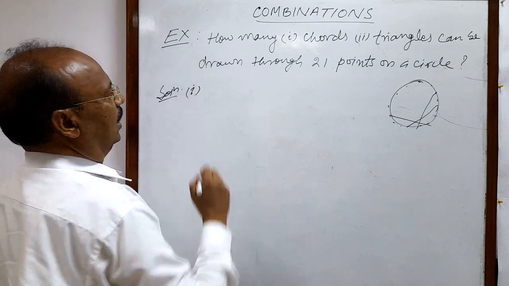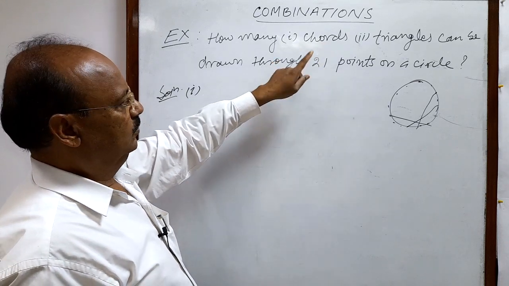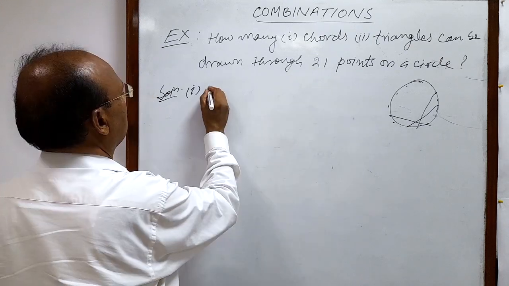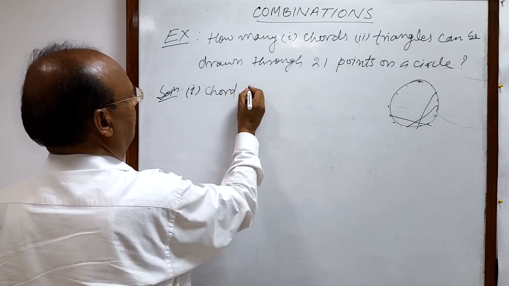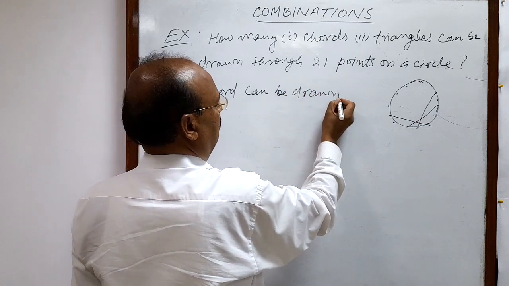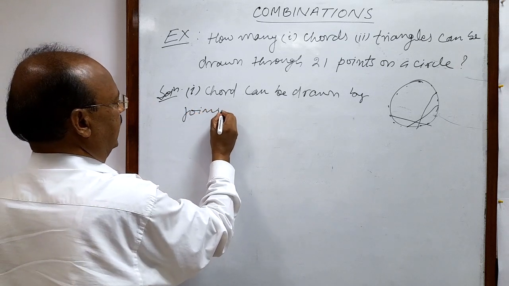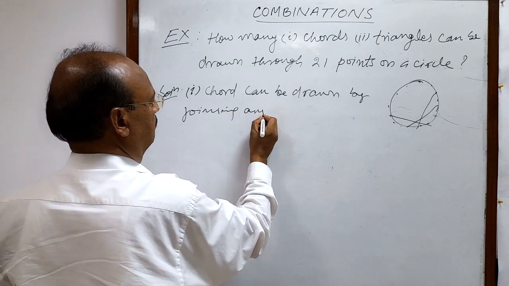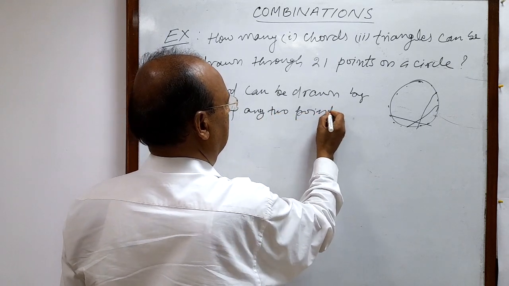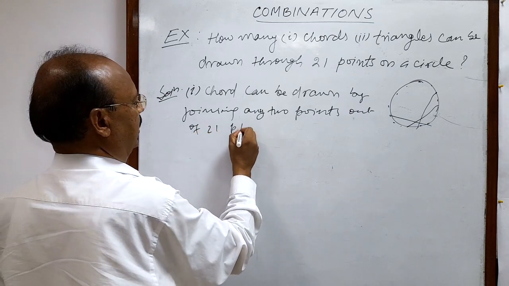First, how many chords can be drawn by using 21 points on a circle? So a chord can be drawn by joining any 2 points out of 21 points, isn't it?